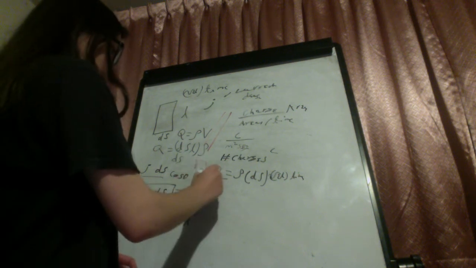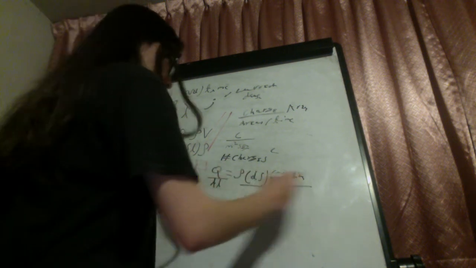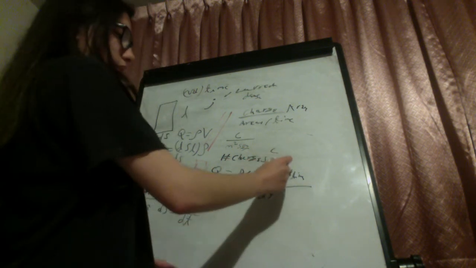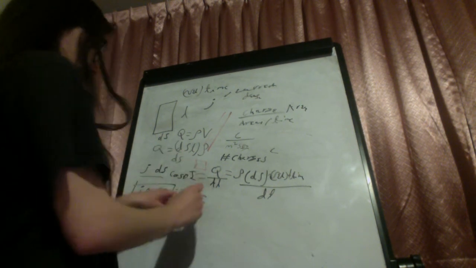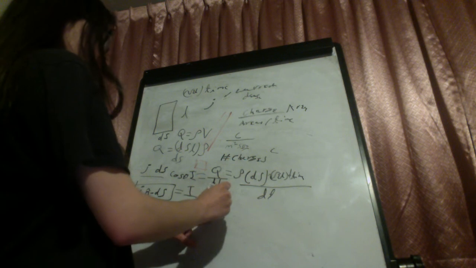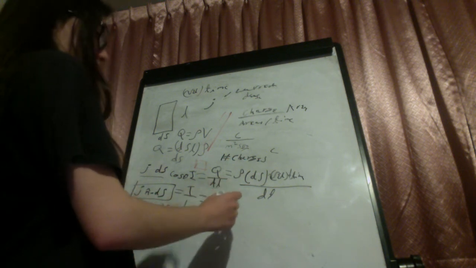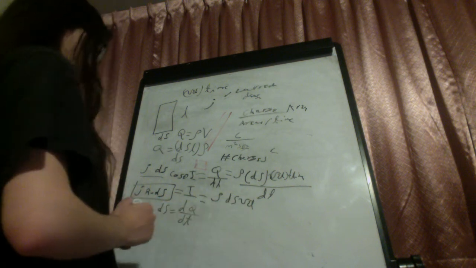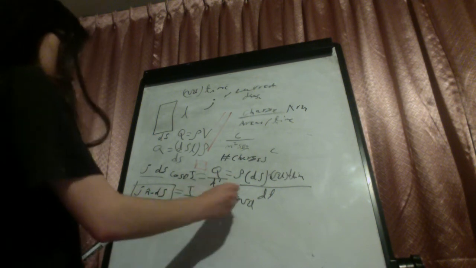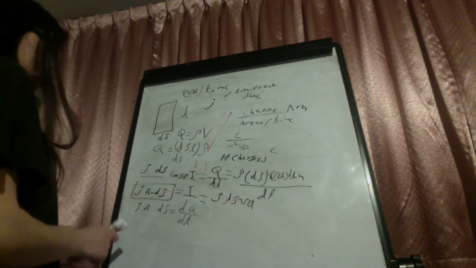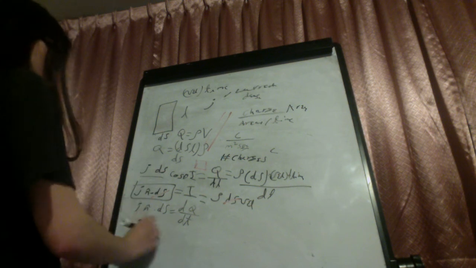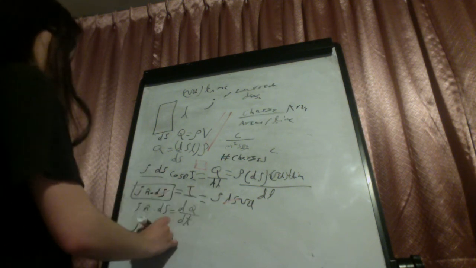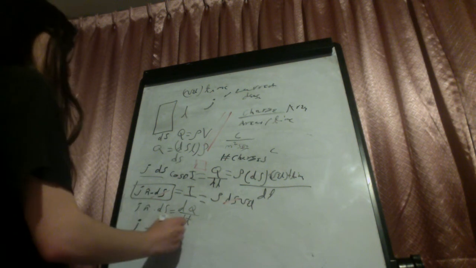So if I divide this by dt, actually here it is dt because we're talking about the infinitesimal time, I would have that the current is equal to the density times the infinitesimal cross-sectional area times the velocity. Now here I can cancel the dS, and so I have that the current density is the same as the charge density times the velocity of the particles, or of the charges.